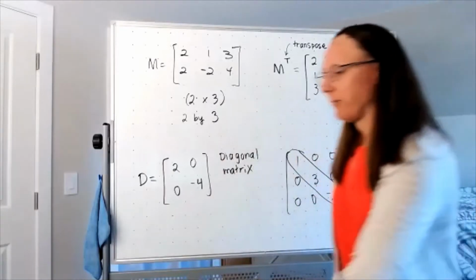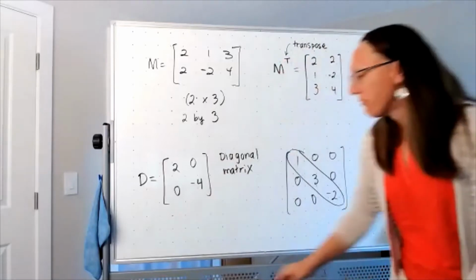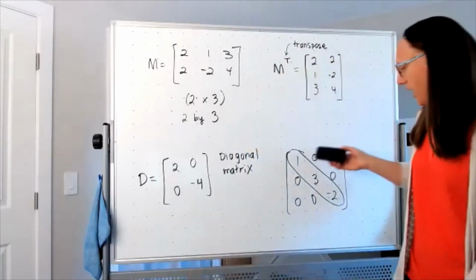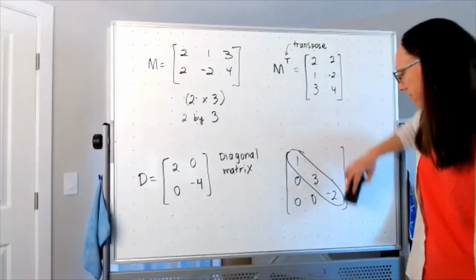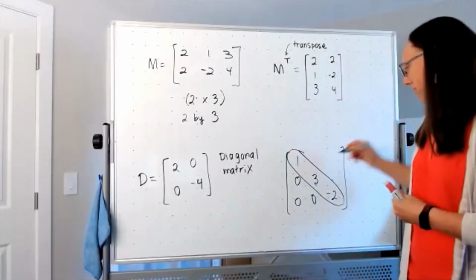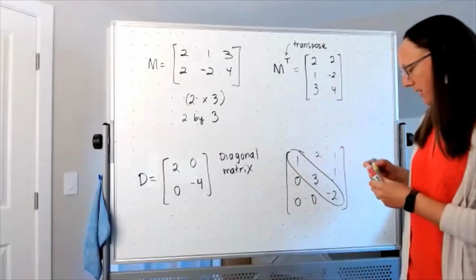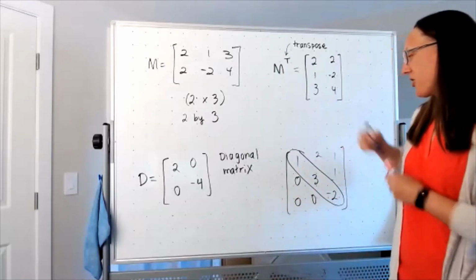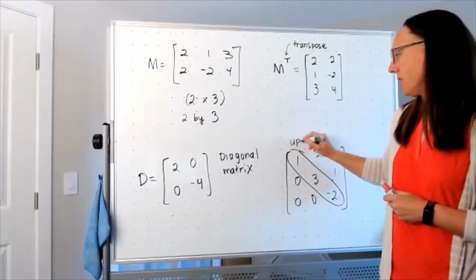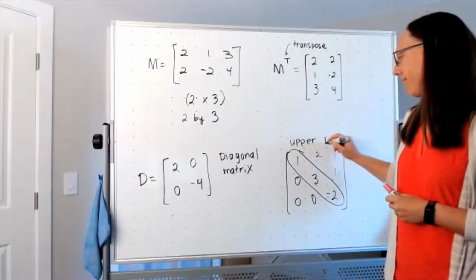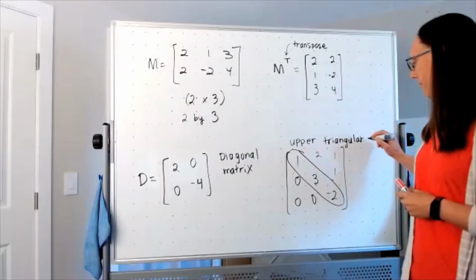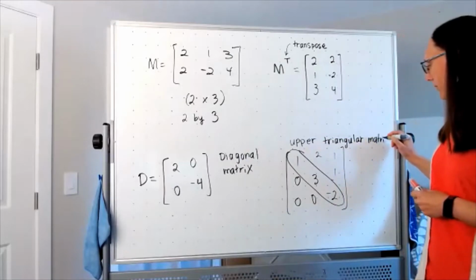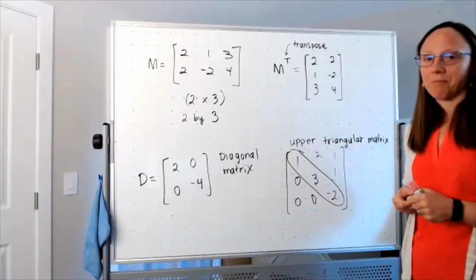More vocabulary. If I don't have zeros up here, but instead I had numbers, now I've turned this into an upper triangular matrix.